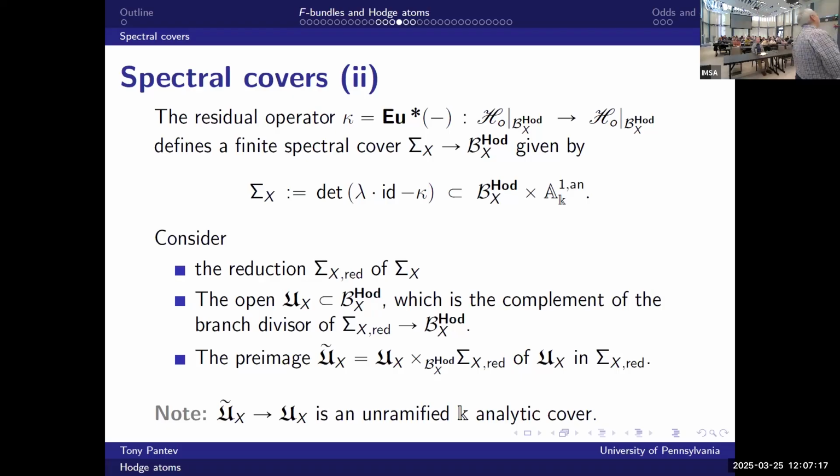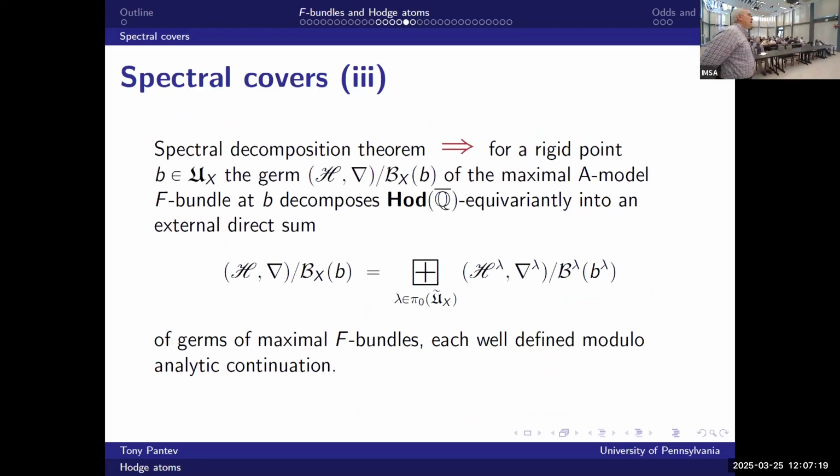Okay, so you get this unramified cover, and the spectral decomposition theorem tells you that for a rigid point in the base of the cover, you can look at the germ of the A-modular bundle that we started with in order to define the cover, and it splits into an external sum of germs. Now the germs are labeled by the connected components.